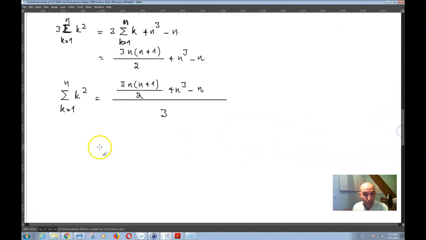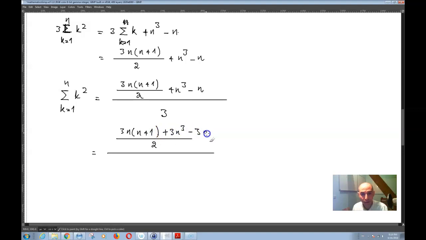Take an LCM of 2 here, and write this as 3n times n plus 1 plus 2n cubed minus 2n, divided by 3.